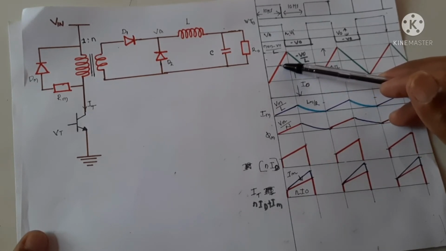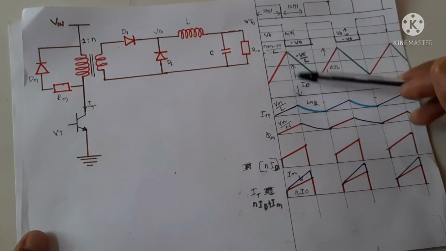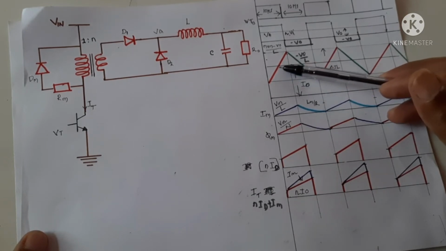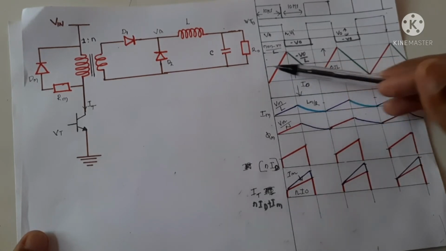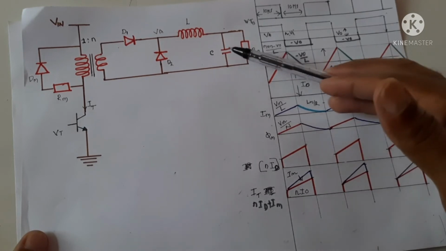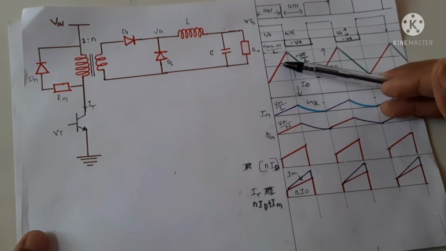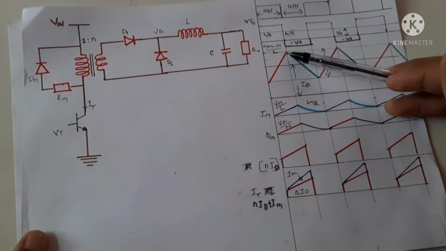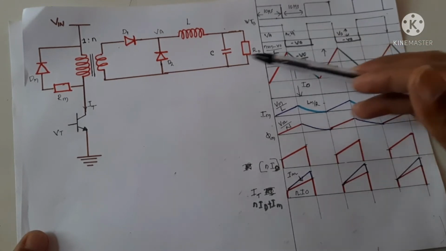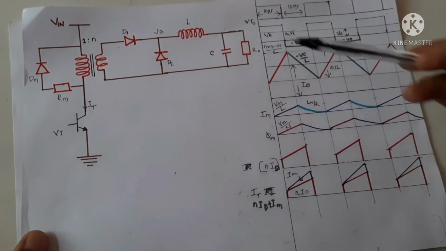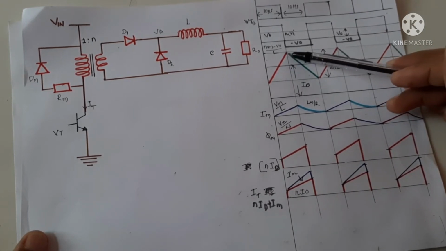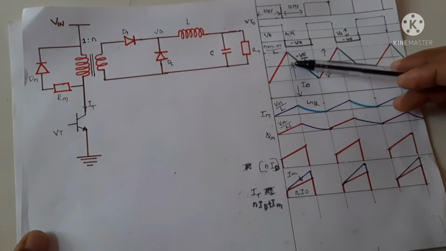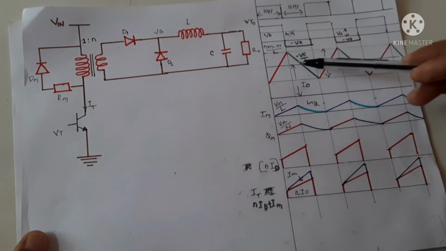When the inductor current crosses the I0 value, it is more than the required output current, and now the inductor begins to charge the capacitor. When the transistor is off, the inductor current is again more, so at this time also the capacitor is charging.